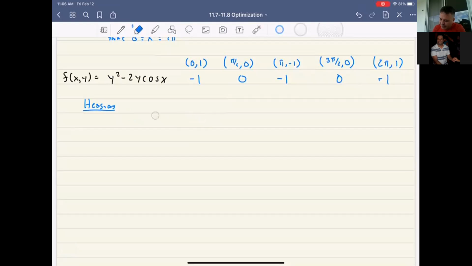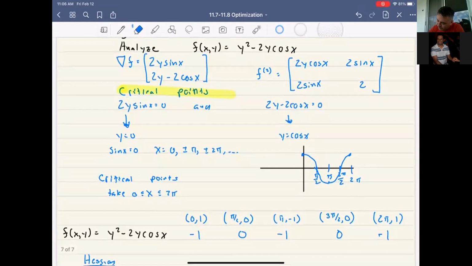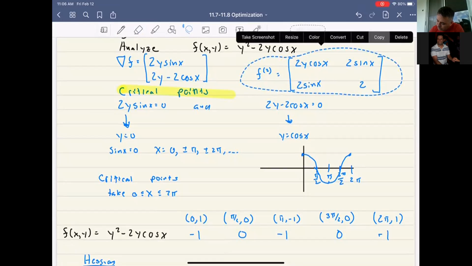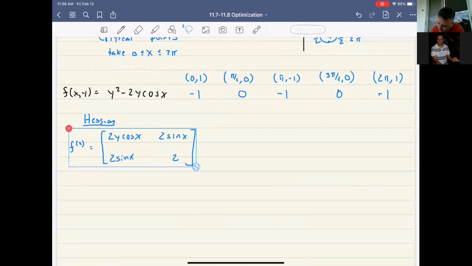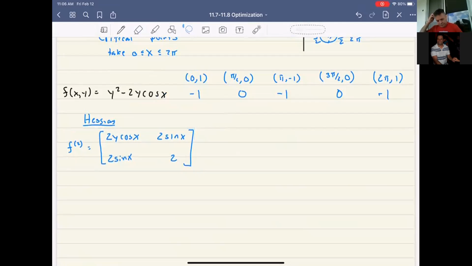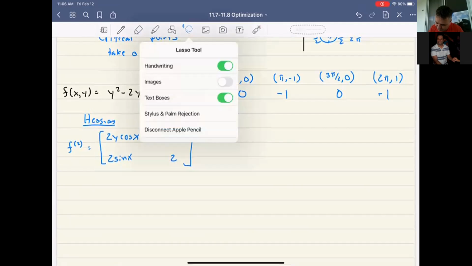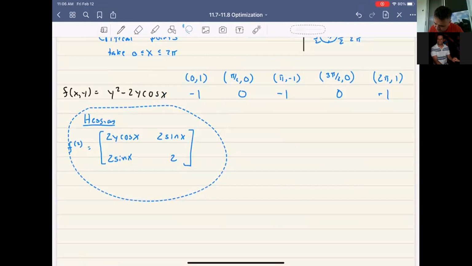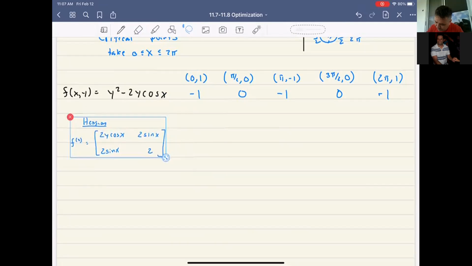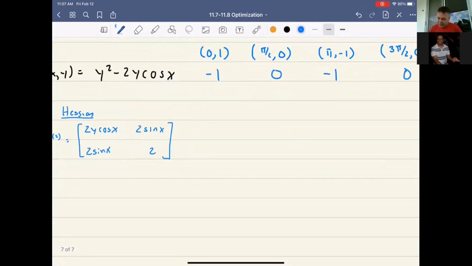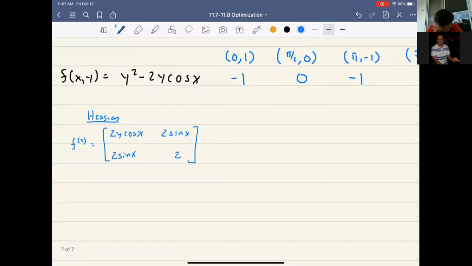Let's actually take a look at the matrix and see what happens. Let's make that a little smaller. There we go. So the matrix here, in this case, what are we going to get?